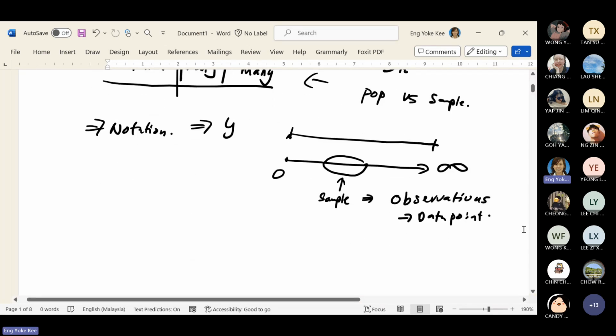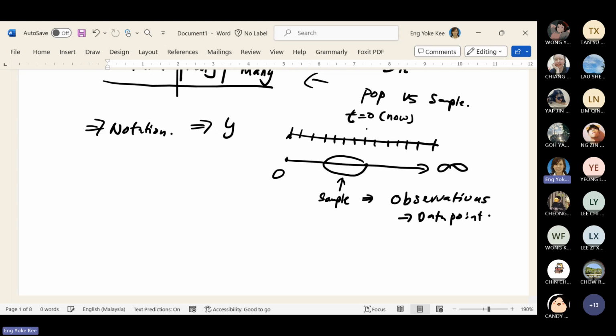One characteristic of time series data is that for each observation we have a fixed time interval. So we normally do it like this: t equal to 0. 0 means now. Future values are plus 1, plus 2, plus 3, plus 4.